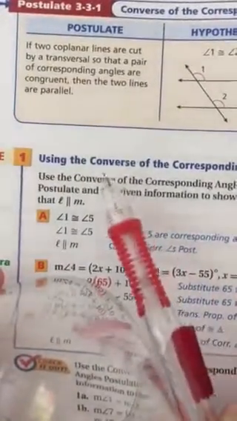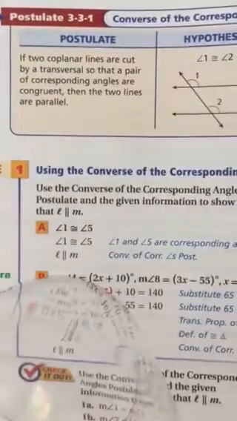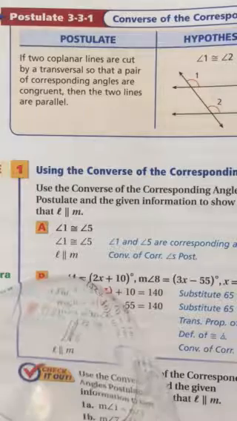You must call it the converse of the corresponding angles postulate, otherwise it wouldn't be correct. The corresponding angles postulate is built on the premise that we already know the two lines to be parallel. When we're dealing with the converse of it, we're showing the two lines to be parallel. So while that may not seem like an important difference, it's a huge difference.